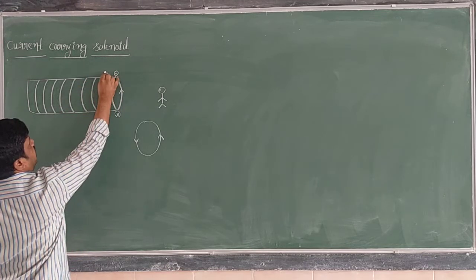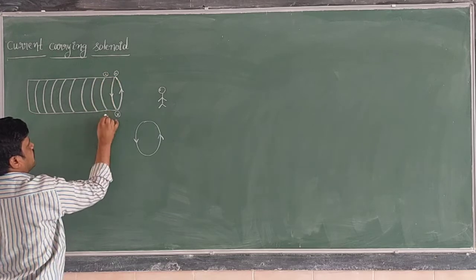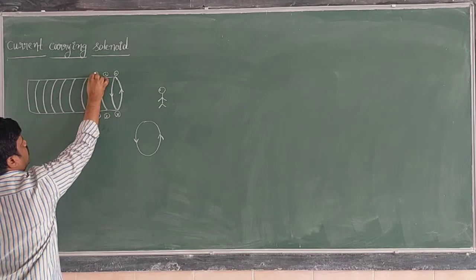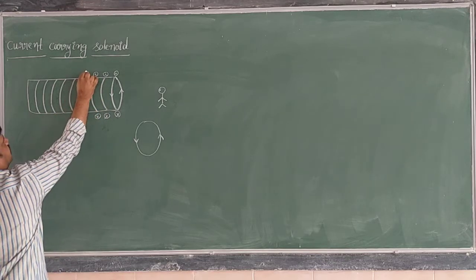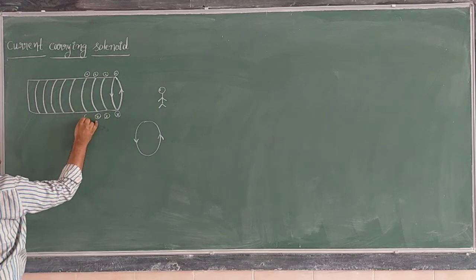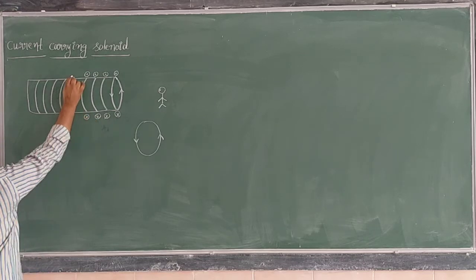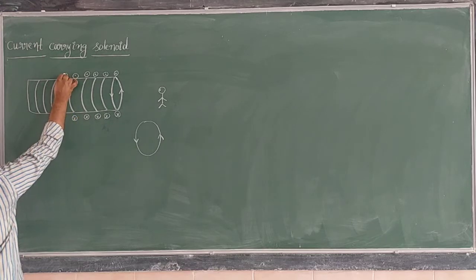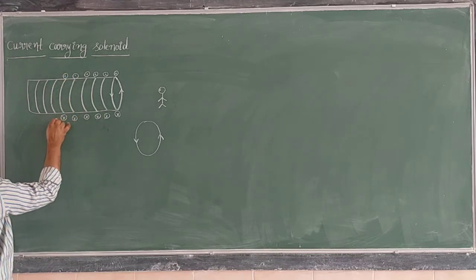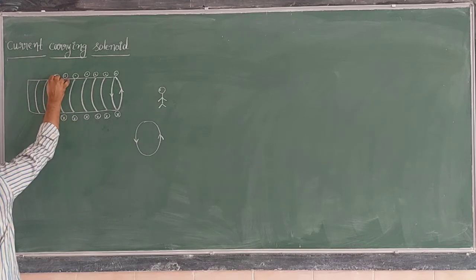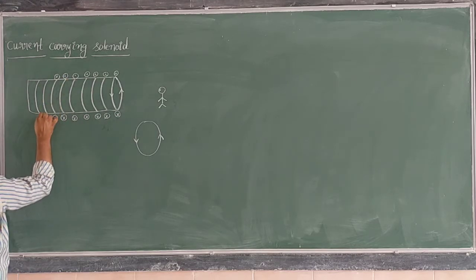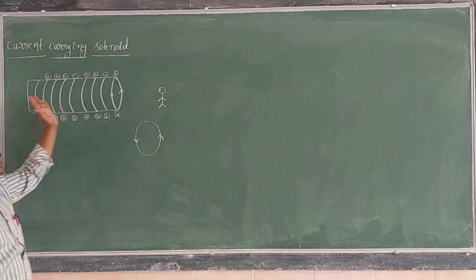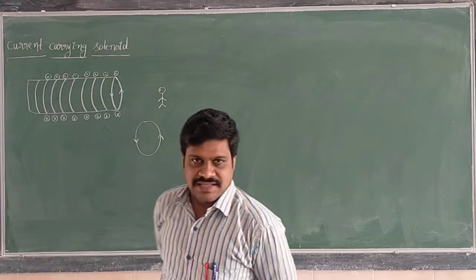Here the current is outward, here inward. At the top current is outward, here inward. Next, outward here, inward here. Here outward, inward. At the bottom, inward. That means current is flowing like this.